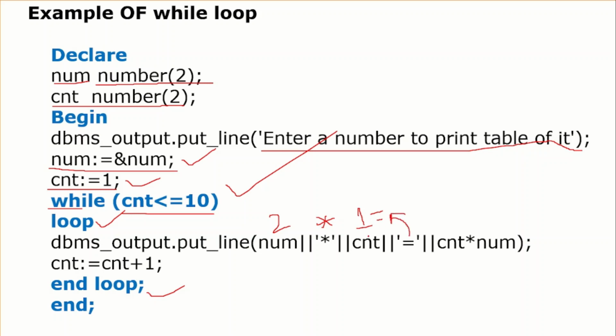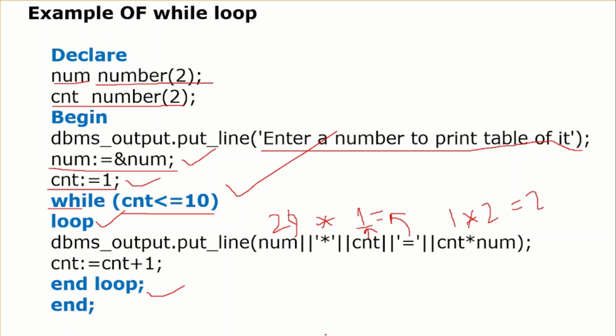So CNT will be 1 and num will be 2, because for example suppose I have given 2 here. CNT into num means CNT is 1 and num in this case is 2, so 2 into 1 is 2.